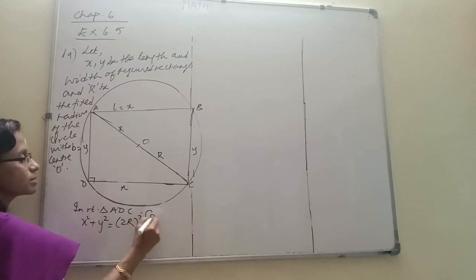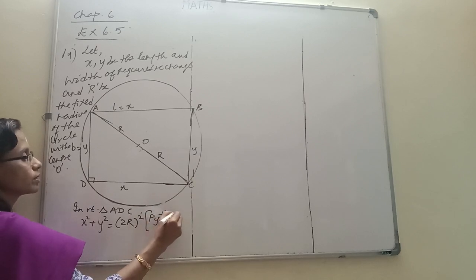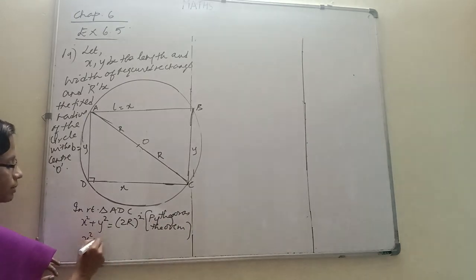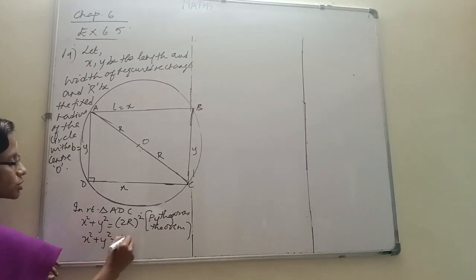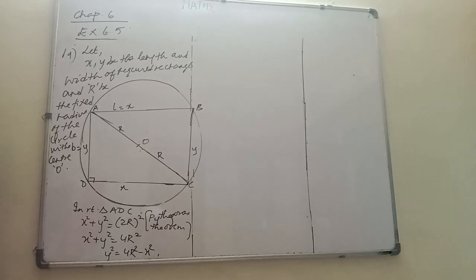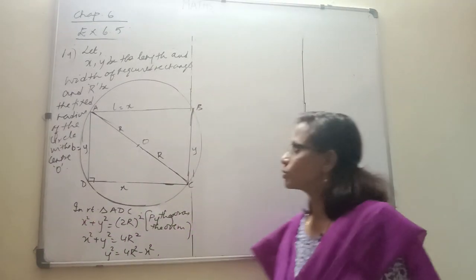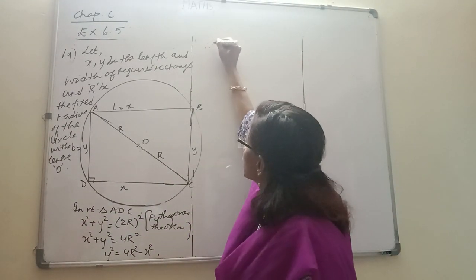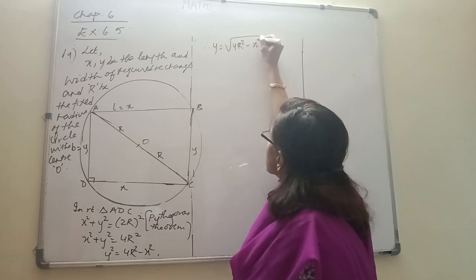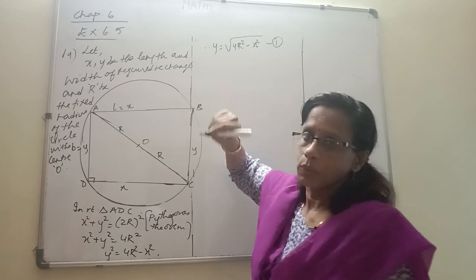So x squared plus y squared makes it 4r squared. We can write y squared as 4r squared minus x squared. We require y, so y is going to be the root of 4r squared minus x squared. Call it equation 1. We'll use it whenever required.